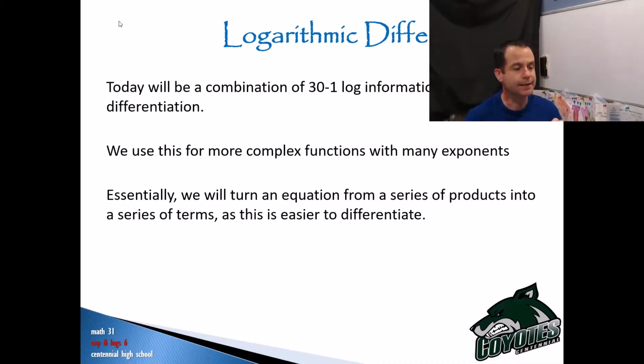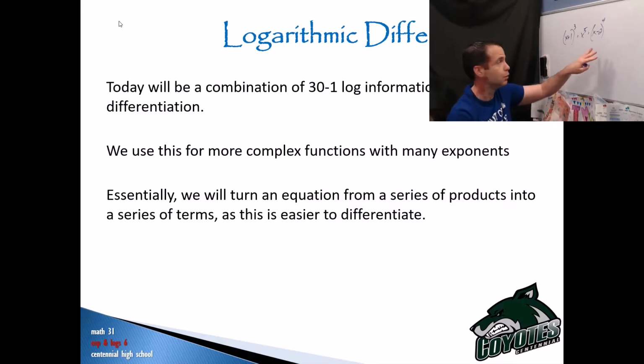But if I had something like, I don't know, (x plus 1) to the 3 times x to the 5 times (x minus 2) to the 4, and I wanted to differentiate that, here you can see there's a problem. I could multiply all of that out so that I could then differentiate each term. That is a possibility, but it's a really long one.